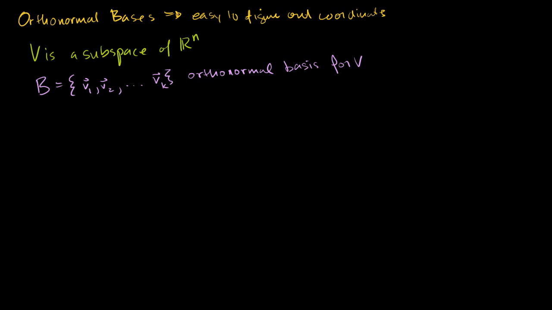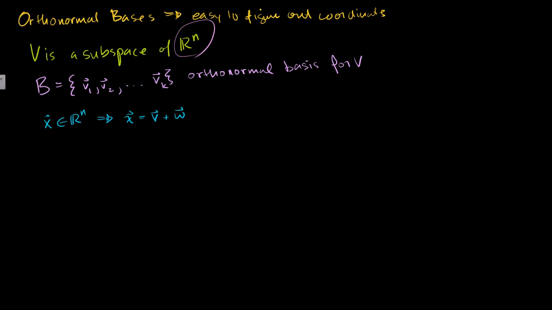Now, we've seen many times before that if I have just any member of Rn, so let's say I have some vector x that is a member of Rn, then x can be represented as a sum of a member of V, some vector v that is in our subspace, and some vector w that is in the orthogonal complement of our subspace.